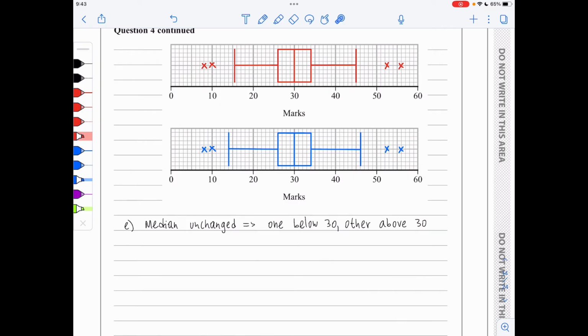So if the lower quartile has increased, then that means that the observation that is below the median is greater than Q1. And the final thing we can say is that since Q3 remained unchanged, this means that the other observation is between 34 and 45 in here. So the higher of the two observations is between 34 and 35.